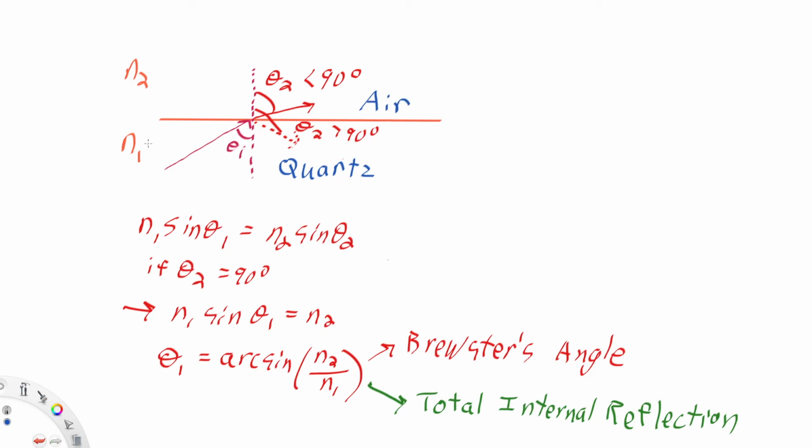So quartz has an index of refraction of about 1.6. So the Brewster's angle for your fiber optic cables that carry you the internet is 38.7 degrees.